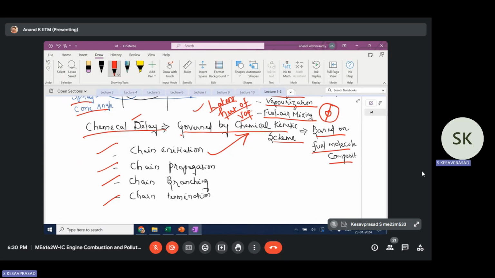Any fuel will have a chemical kinetic scheme, which includes these 4 basic chemical reactions, and basically these reactions involve radical formation and radical consumption. As I said, the combustion event will get started with radical formation, and it will continue on its own as long as sufficient radicals are available. Once all the radicals are consumed, the combustion event will get terminated.